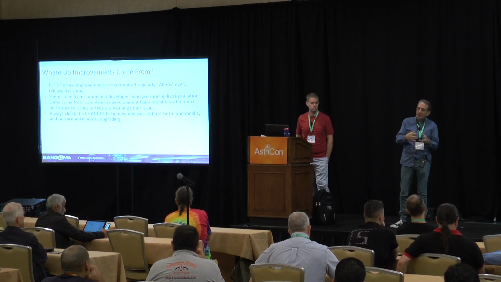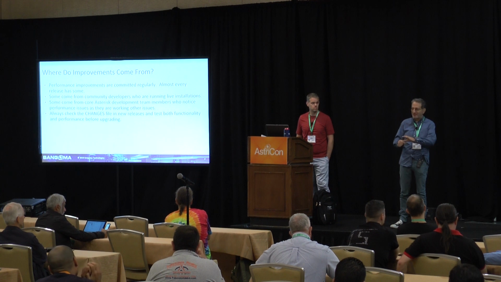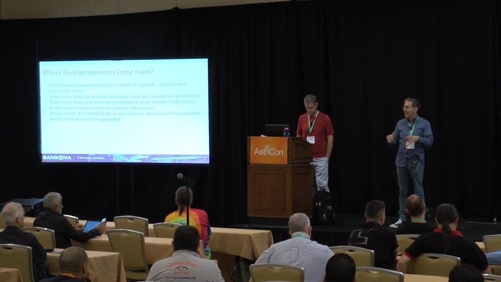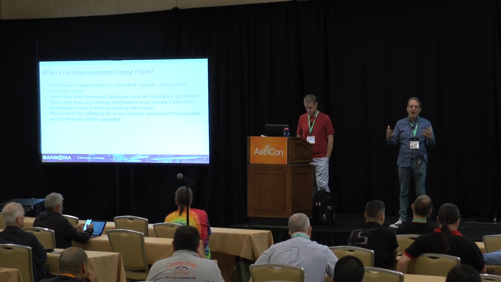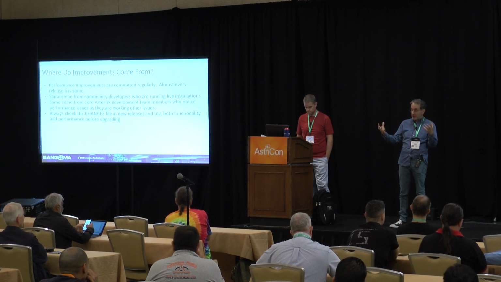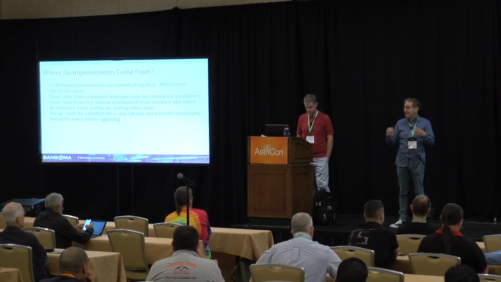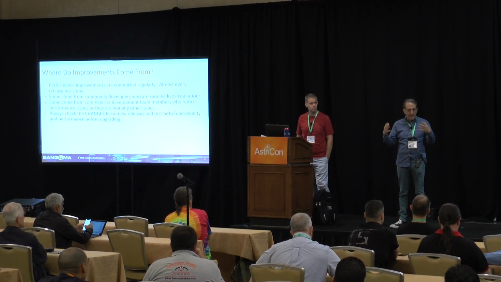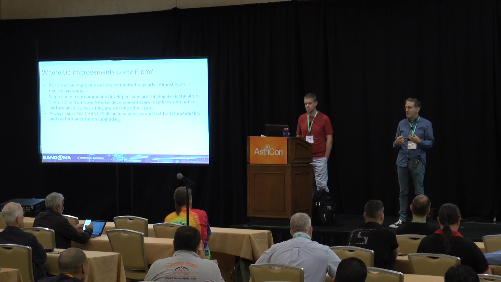And the performance improvement part kind of gets lost in the fine print. So keep an eye on the changes file if you are interested in performance, and you should always be interested in performance. Look at the changes file from release to release to understand what the impact is going to be.